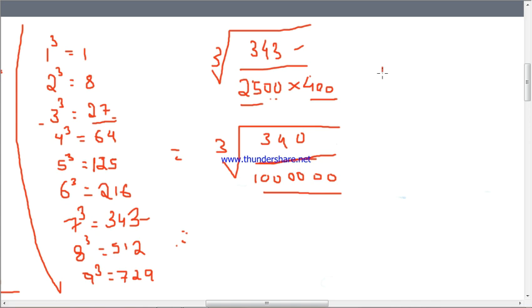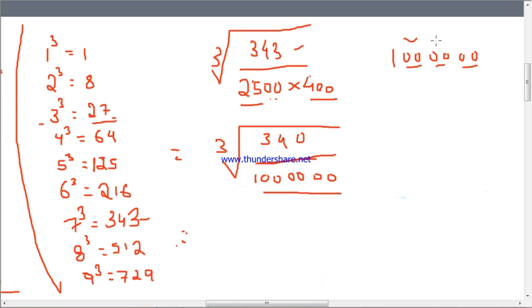That means it's actually a triplet of pairs of 2 zeros: 1 pair, 2 pair, 3 pair.